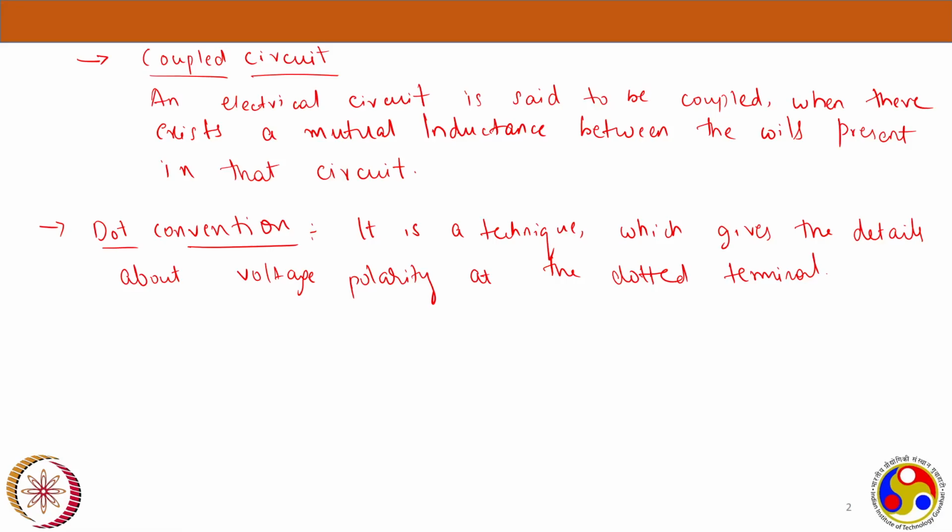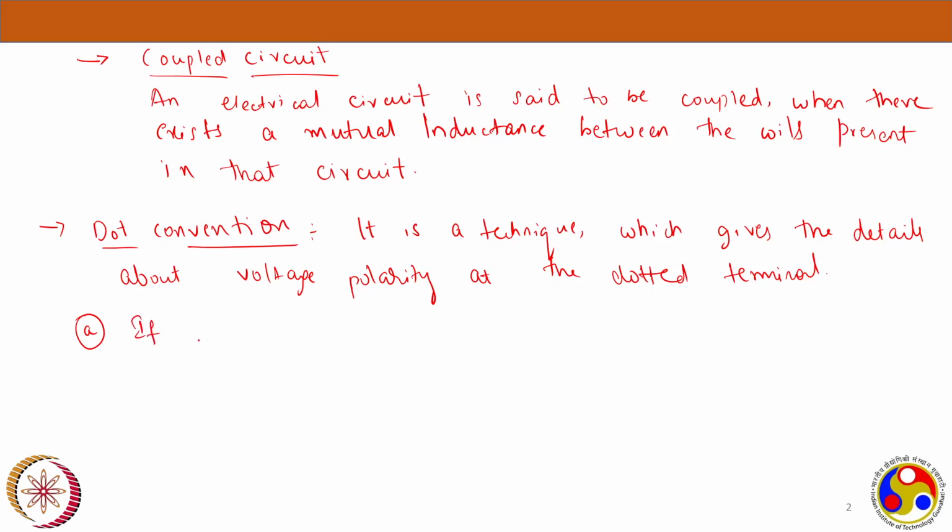There are two coils in it, and if a current is entering at the dotted terminal of one coil, then it will induce a voltage at the other coil, which has positive polarity at the dotted terminal. I know it's a lot of terms I have used. Let me write it and also draw a diagram for it, and you will easily understand it. The first rule, I also want you to note down in your notebooks because it's an important definition.